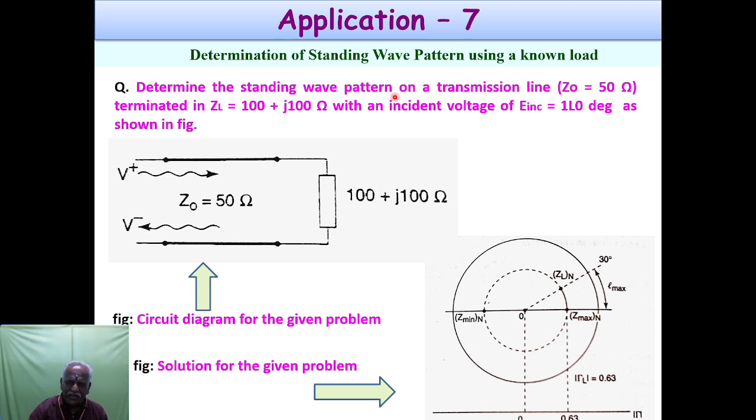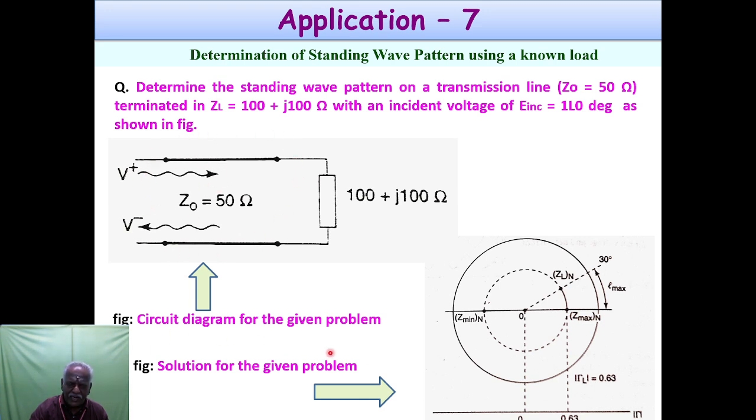The standing wave pattern is to be determined on a transmission line with Z0 equal to 50 ohms, terminated in a load impedance of 100 plus j100 ohms, with the incident voltage E incident equal to 1 angle 0 degrees, as shown in the figure. This is the problem description.